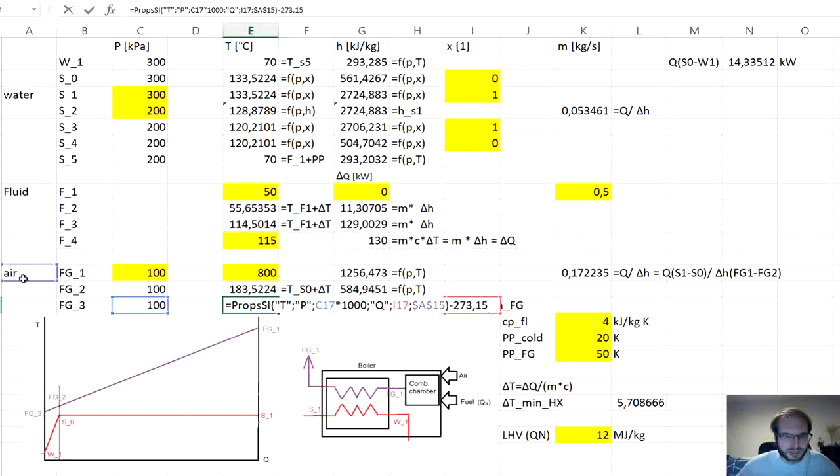So the working fluid is air, we have pressure, and now we don't have Q, we don't have the quality, but we will have enthalpy H, which is this cell G17 multiplied by 1000 to get basic SI units. And we can see that the outlet temperature will be 100 degrees C.